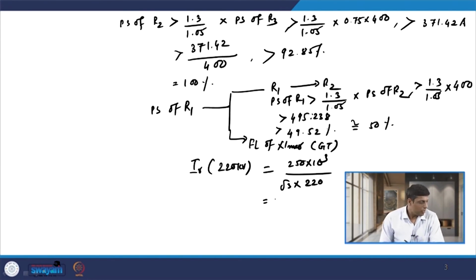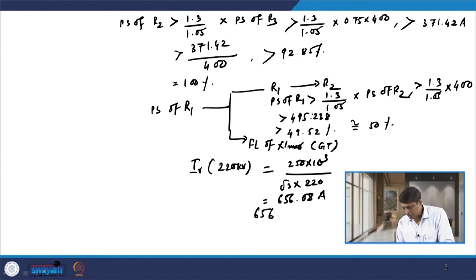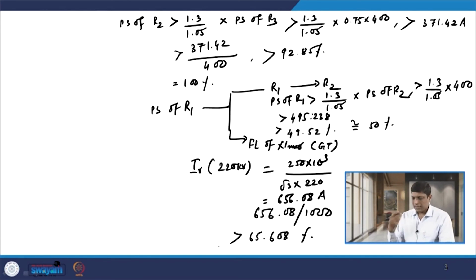The value comes out to be 656.08 ampere. If I convert to the secondary side, I have to divide it by 1000 because that is the CT ratio of R1. So, 656.08 divided by 1000 comes out to be, in percentage, 65.608 percent. Whatever setting we select, the next available setting range is 75%.